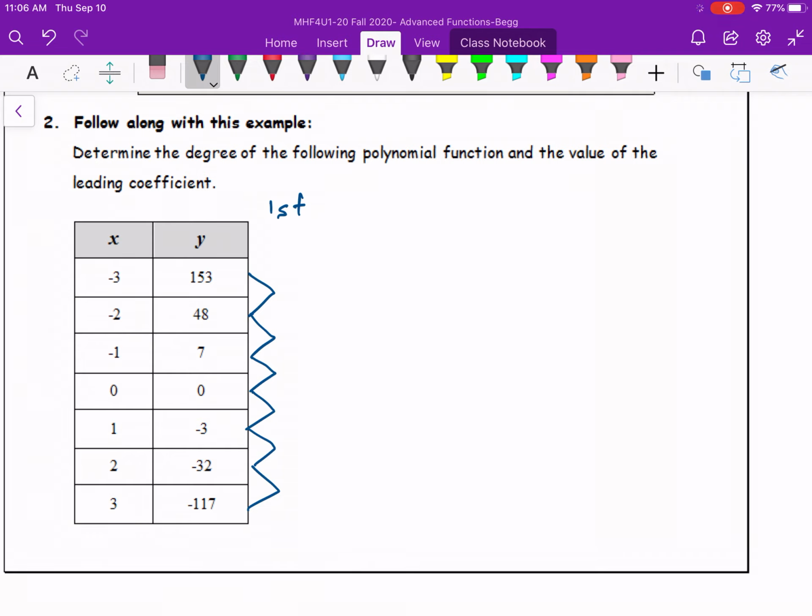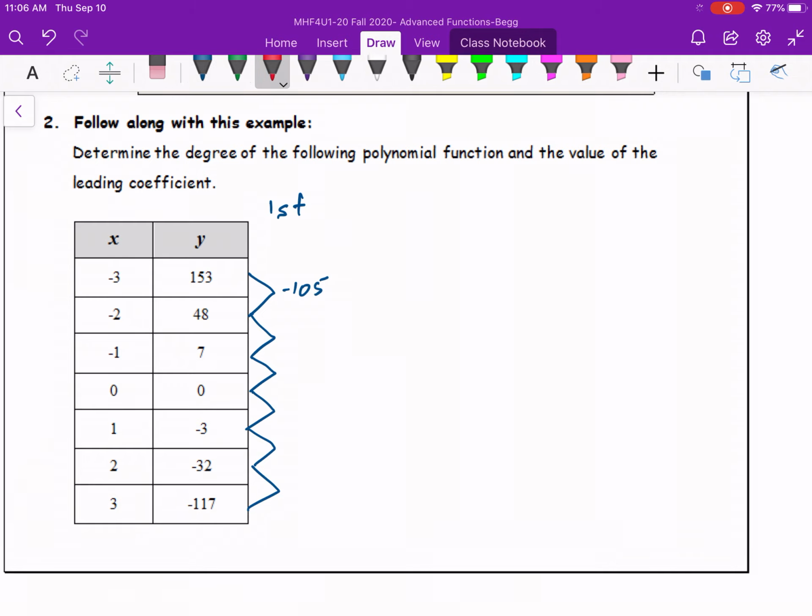So if we do the first differences, remember, we get the first differences by subtracting this number from this number. We subtract the first y value we come across from the second one we come across. So if we do 48 minus 153, we get negative 105.